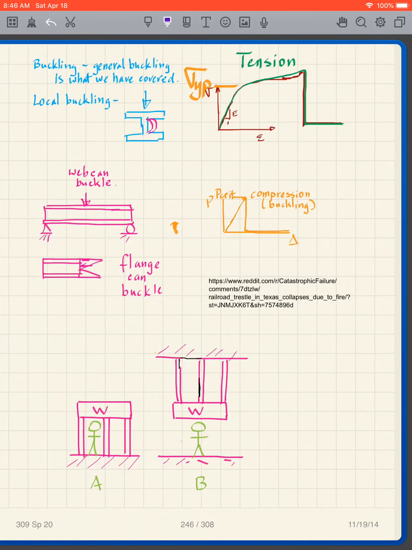And what can occur is if this compression is too high, then the flange will buckle. You'll see the flange going like that due to bending. So, in other words, there's local buckling. We're looking at general buckling, just to be aware that there is local buckling as well.